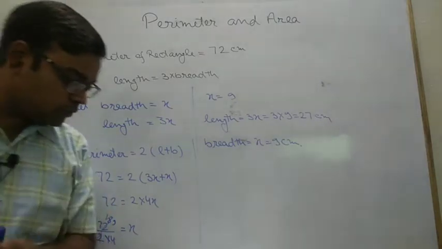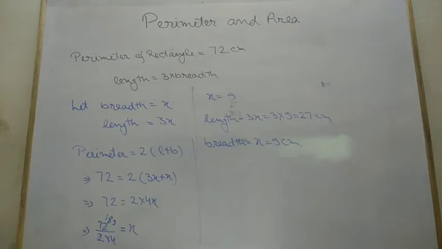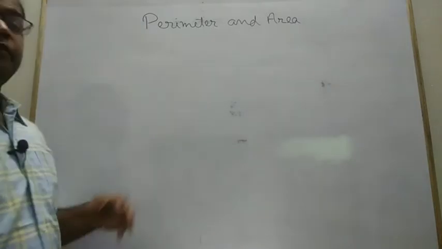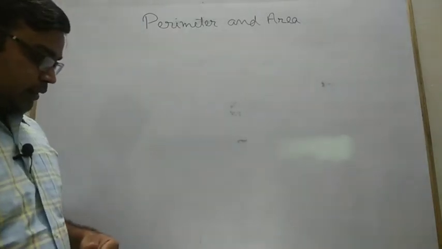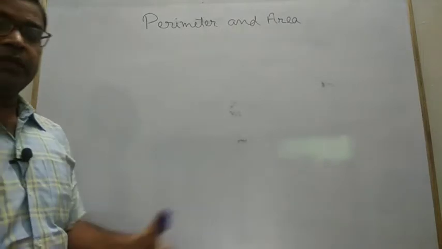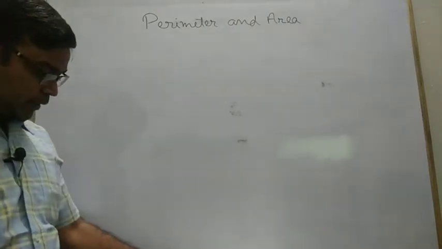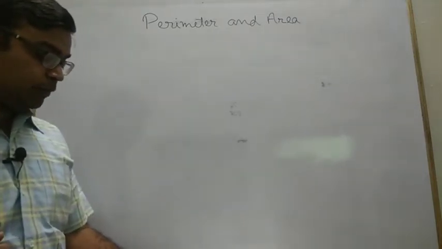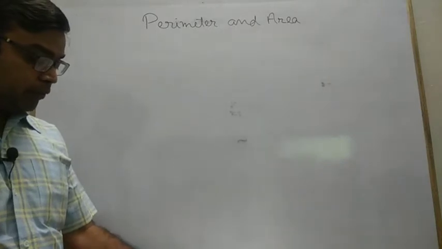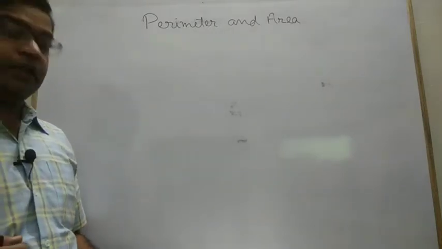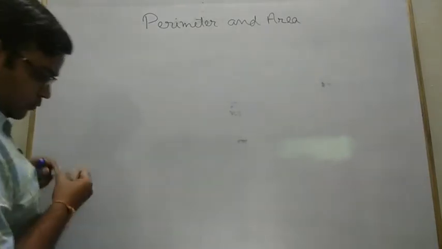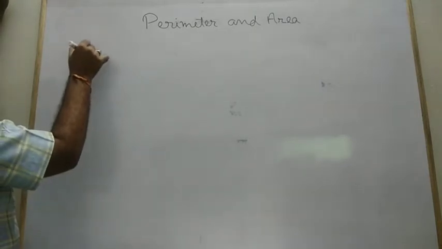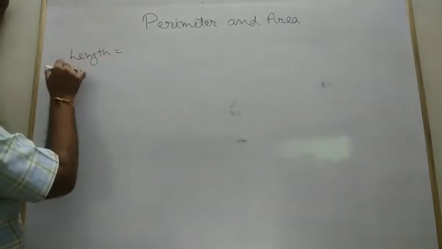Now we discuss one more question. Now the next question is a very interesting one, a very practical question. It's given that a farm has some length and breadth given. Find the cost of manuring the farm at rupees 4,450 per quintal if 2 quintals of manure has to be applied per hectare. So what is given to you? First to note down, the length of the farm is given, breadth is given.